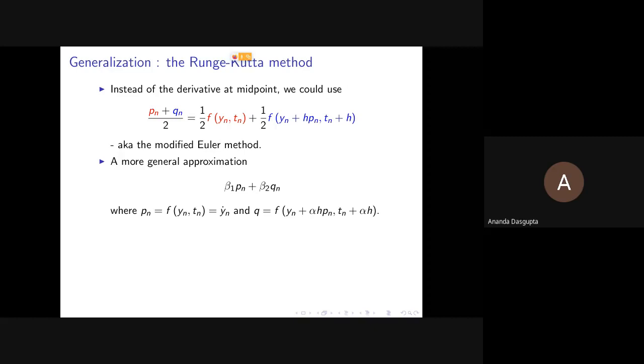The basic idea is, instead of relying on the slope at the beginning or at the end or at the middle, you make several estimates of the slope somewhere in the middle of the interval by using techniques like these, and take a weighted average of those slopes and try to ensure that the final weighted average will be able to reproduce the Taylor series correct to a much higher order.